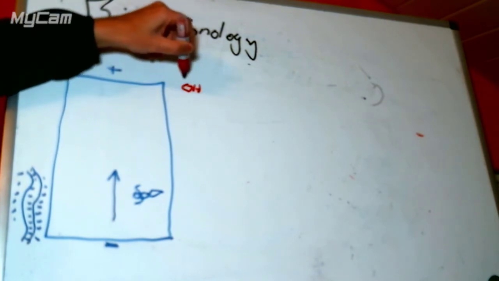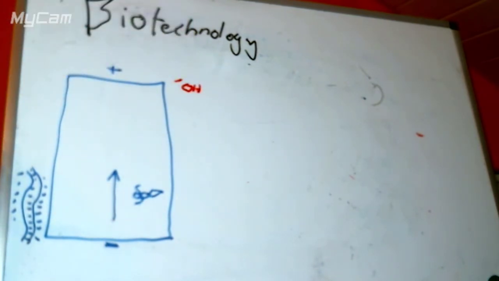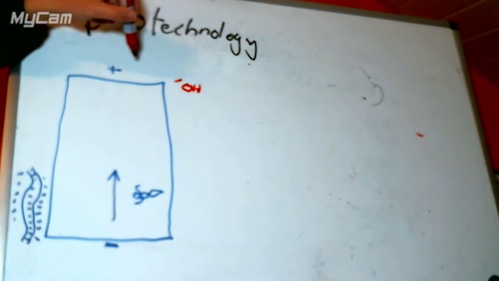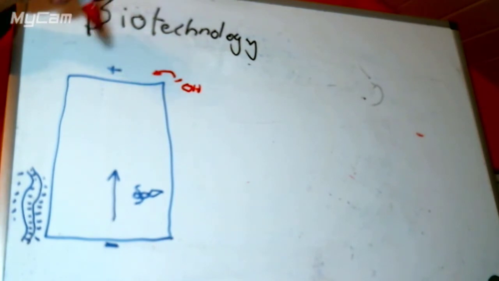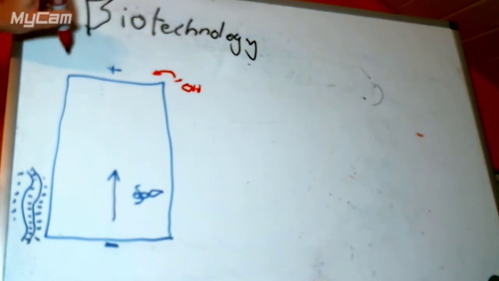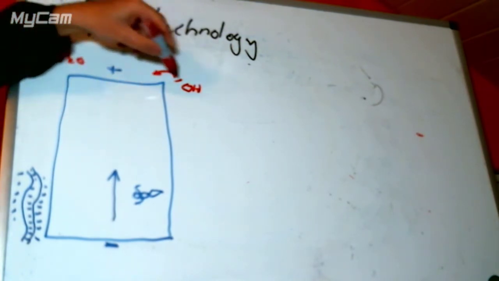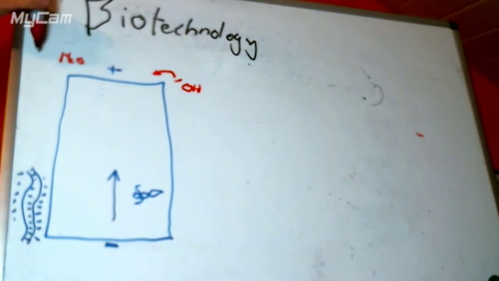OH minus is perhaps going to get discharged. If we take the charge off OH minus, we're going to have to take two of them to do that. We're going to be removing OH minus ions, or we could take H2O and remove an electron from it, generating an H plus, attach it to here so that we can get all finished.